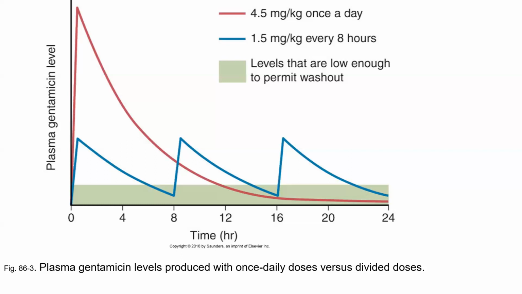Now, the shaded area indicates levels low enough to permit the washout and release of the drug from the vulnerable cells in the inner ear. Remember that with once daily dosing, the levels are in the washout range for over 12 hours, versus a total of only 6 hours when divided doses are used.